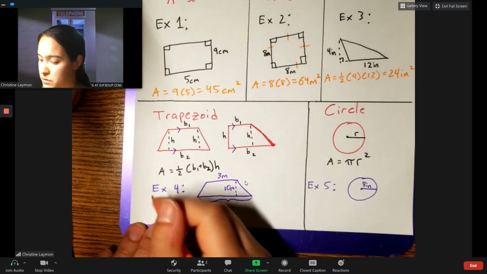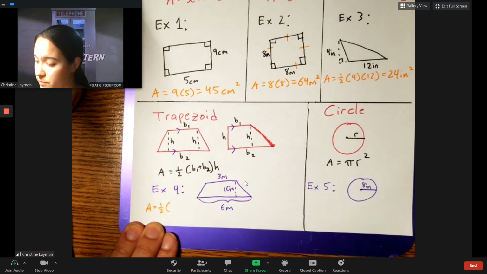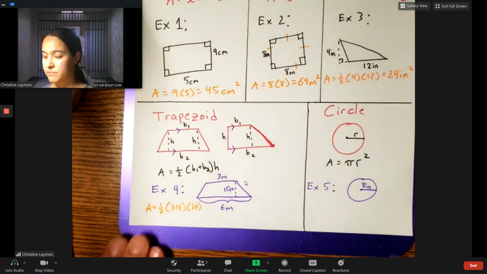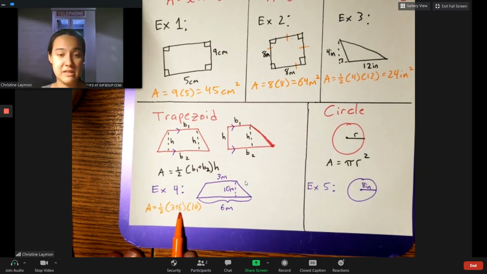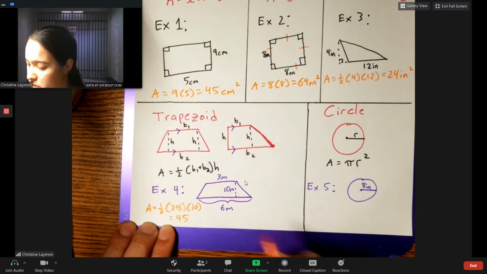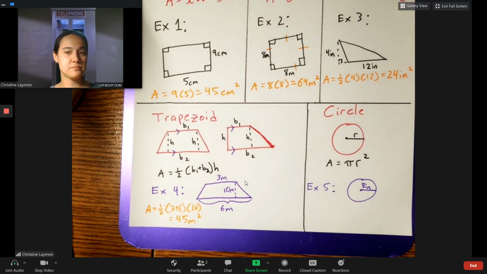So what I'm going to be solving is area equals 1/2 times (3 plus 6) times 10. Add the bases and then times 10. So 3 plus 6 is 9. 9 times 10 is 90. And half of 90 is 45. So my area is 45, and the units are meters squared.